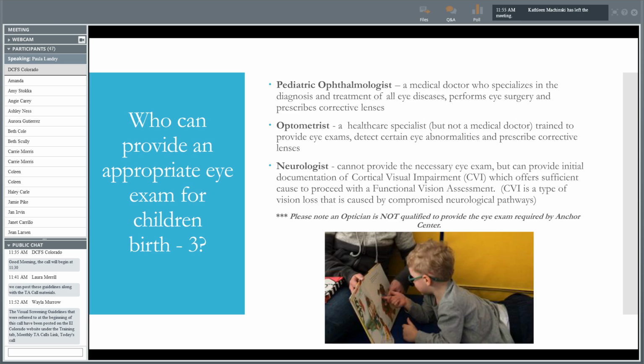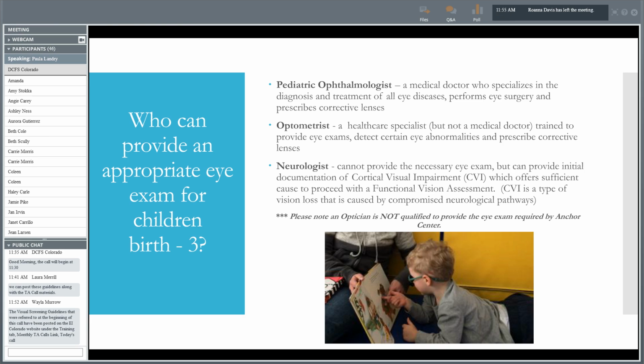Okay, so pediatric ophthalmologists are obviously the best people to be providing eye exams for children. They have the medical background, and oftentimes they do surgeries, and they can diagnose a variety of different eye diseases and those types of things.